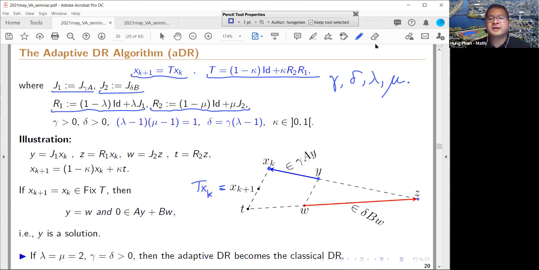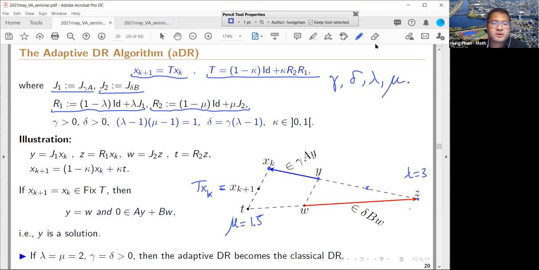In this picture, I deliberately choose lambda equals 3, so I make one further step away from the reflected resolvent. To compensate for that, when I make the second reflection, I use mu equals 1.5. The reason for doing this is I want to create two similar triangles.